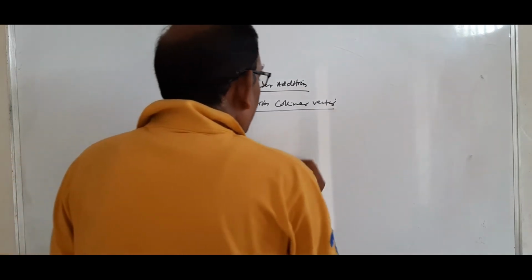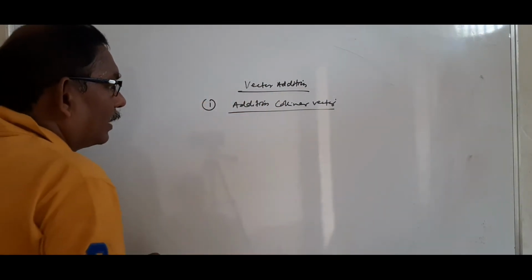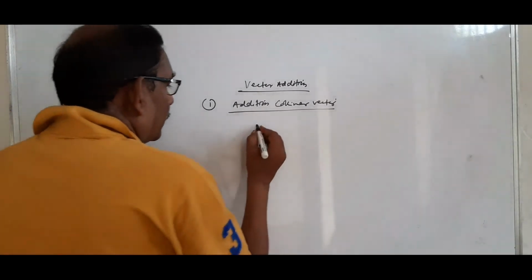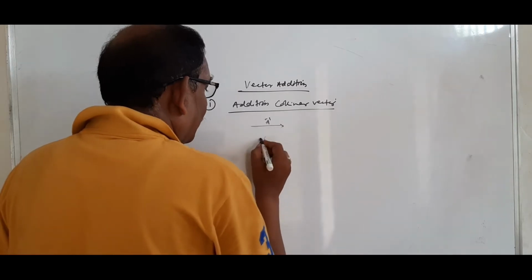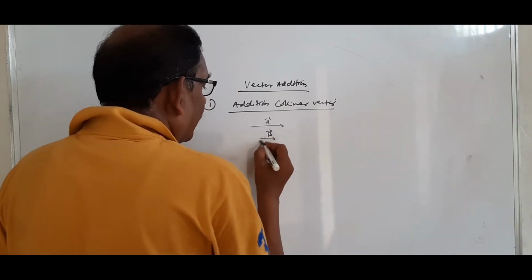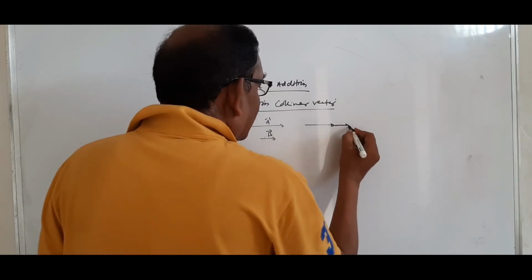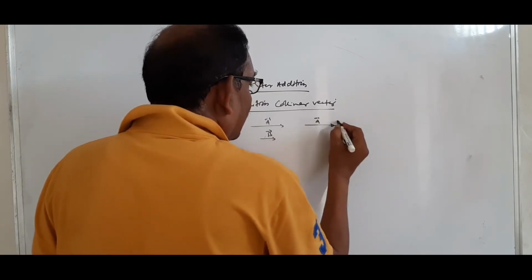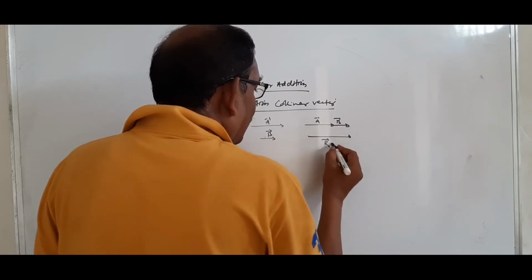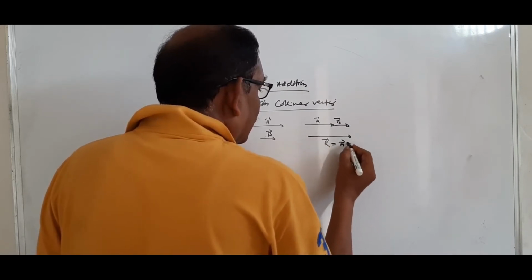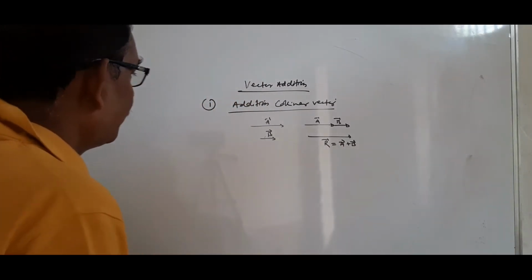You know that collinear vectors are projected in the same direction along the same line. So take two vectors, A and B. By adding these two, it is your vector A, it is your B. So the resultant vector R is equal to A plus B.